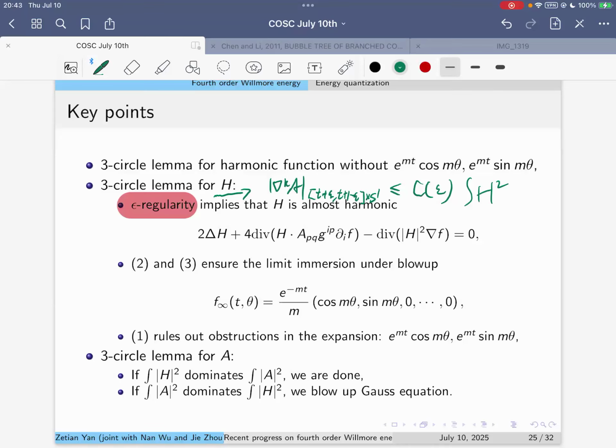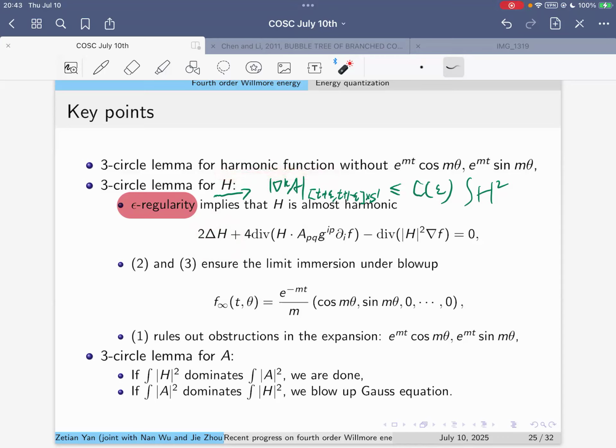And the equation under the blob is exactly the harmonic equation, right? Because only the leading term will be left. So it sounds like we need to establish the 3 circles lemma for harmonic functions.